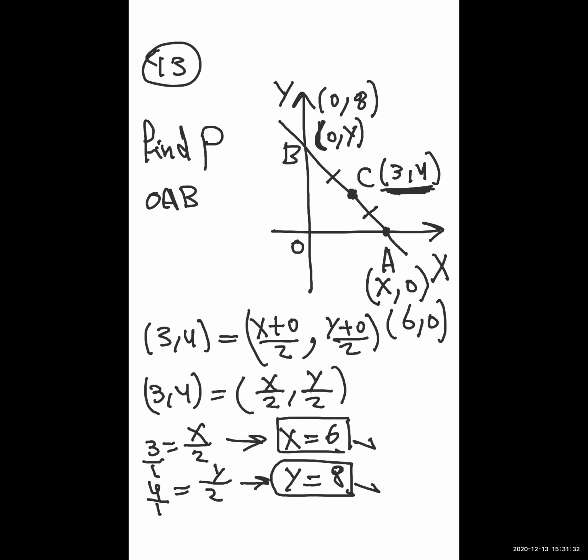Now I know the coordinates of B and A and the origin point, which is actually (0, 0). Now I can get the perimeter. So simply, I will get the length of AB. Let me clear this area.